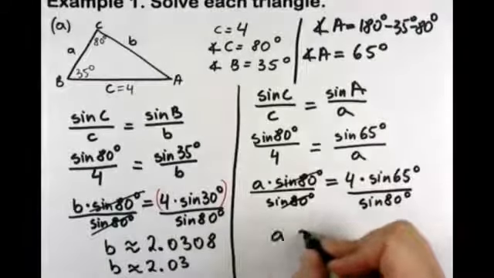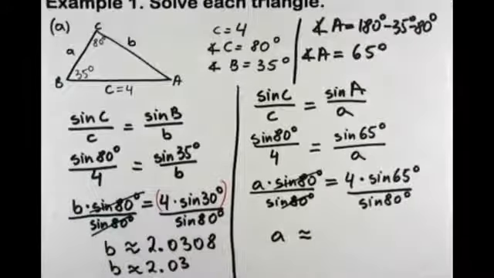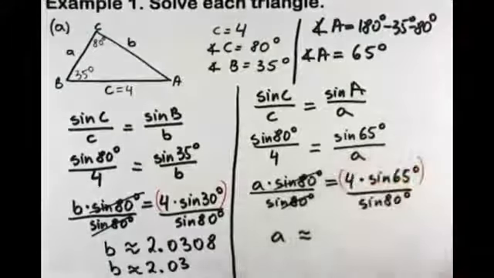So A is approximately equal to, when you punch it on the calculator, make sure you put the bracket: 4 times sine 65 divided by sine 80.